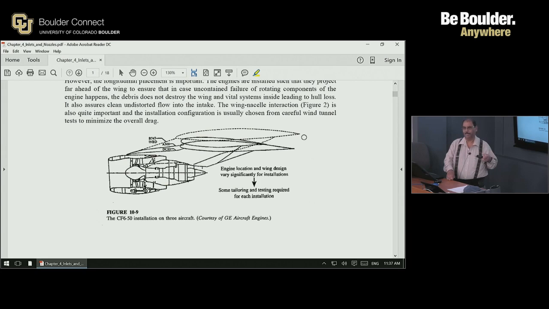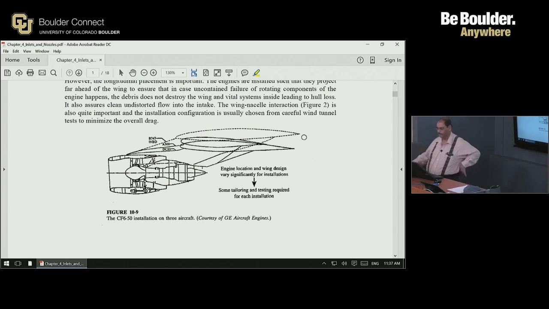Now, the additional advantage, of course, is that if you mount the engines over the wing, then the wing tends to decrease the noise radiated downward by the engine, and this helps, of course, during takeoff and conditions where the noise may be a problem.